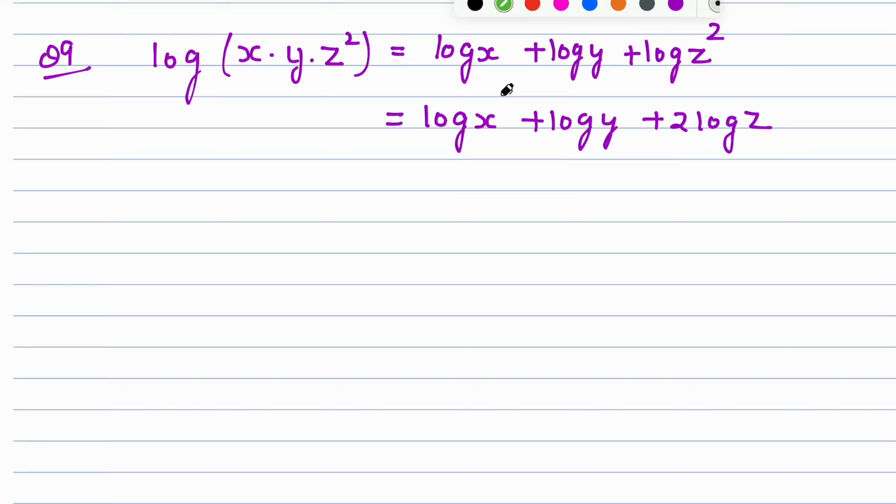Now let's come up with another type of question. Okay, let's do question number 10. Now I'll solve two questions. One is log of 6 by 3, right? But in question number 11, it is log of 6 and the 3 is the denominator of the whole thing with log 2.